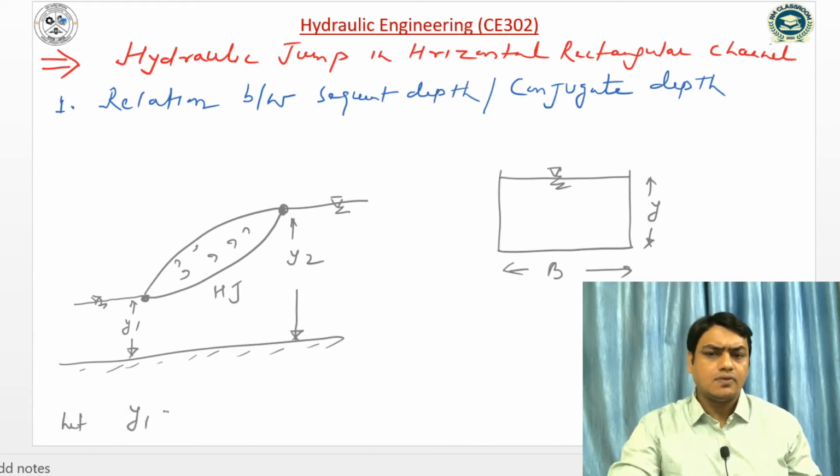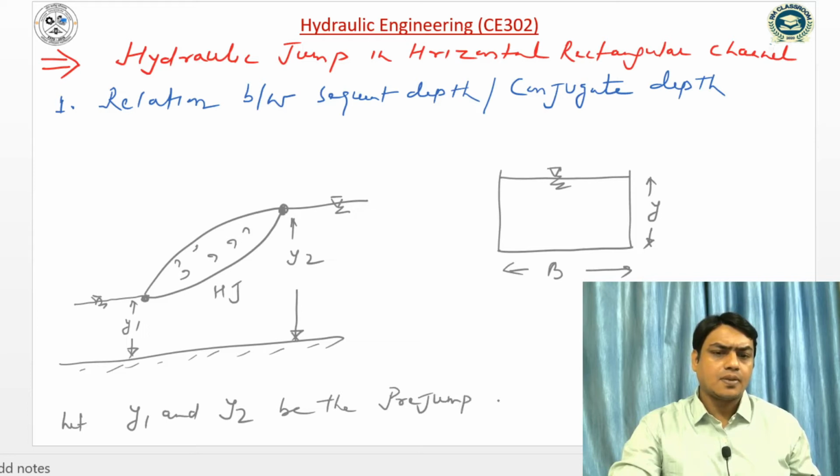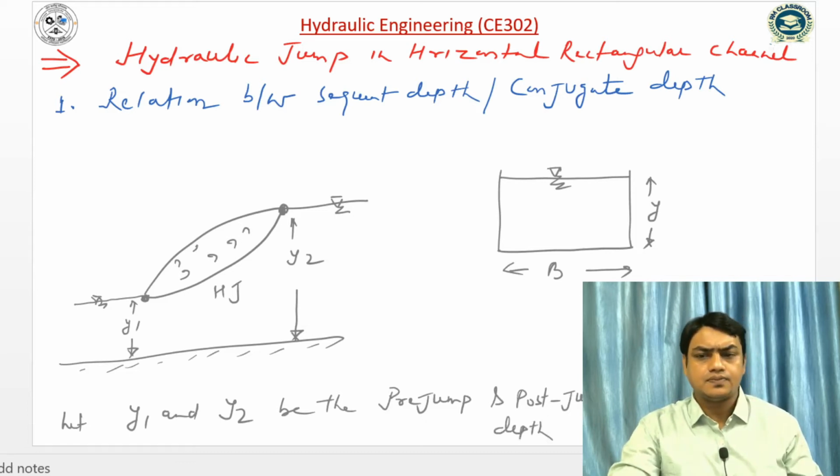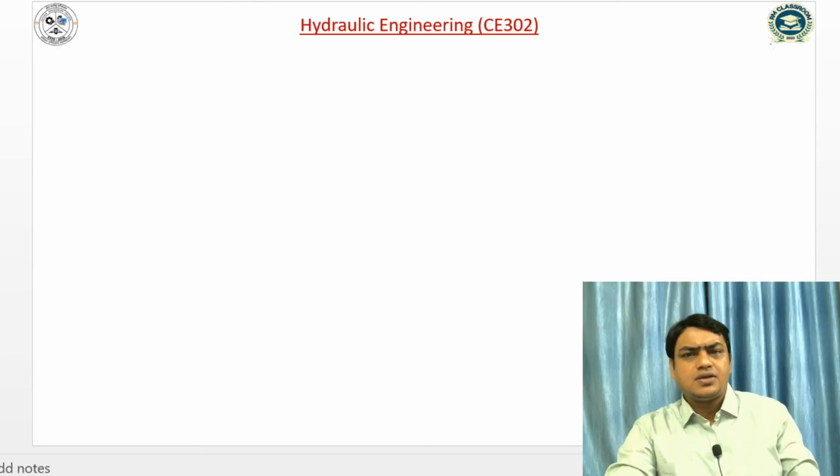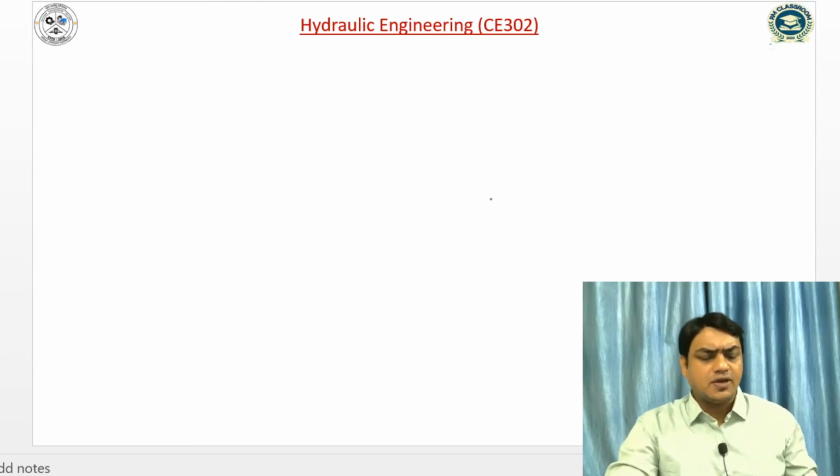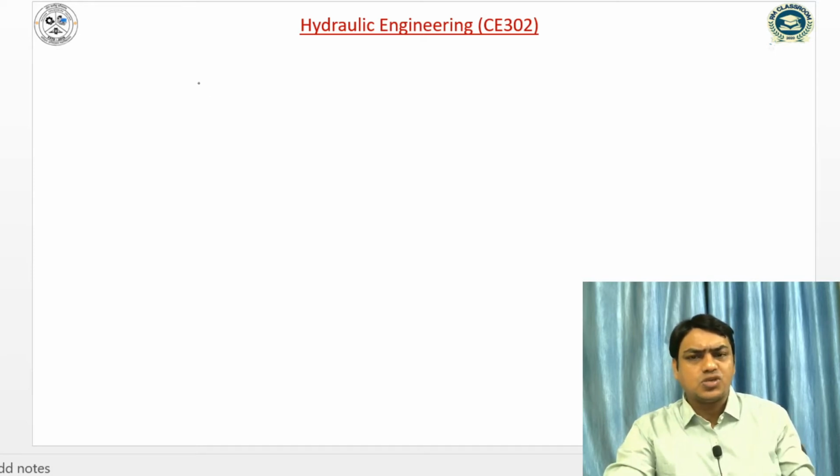Let y1 and y2 be the pre-jump and post-jump depths, also called the sequent depths. At the sequent depths, the specific force at the two sections is equal.